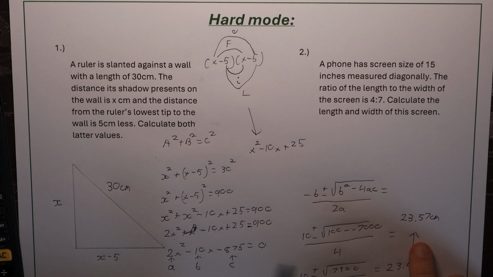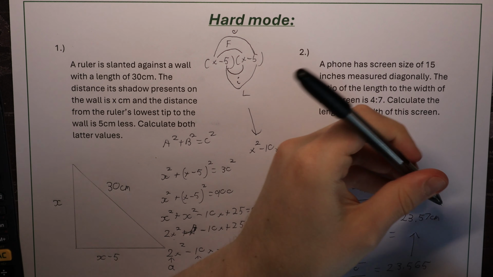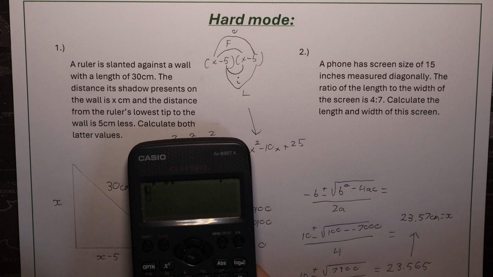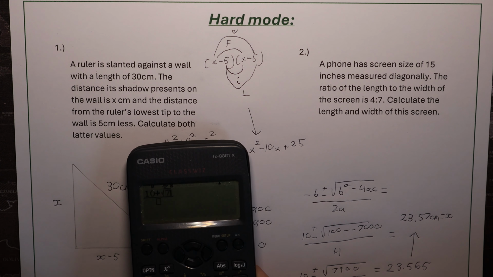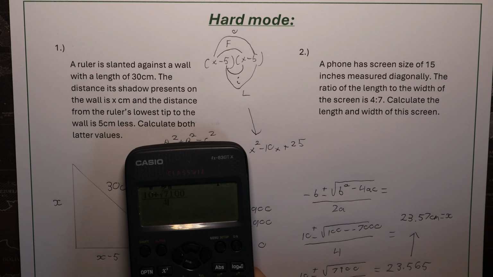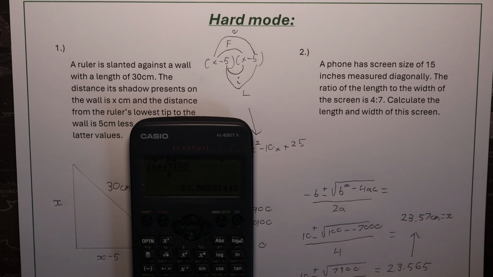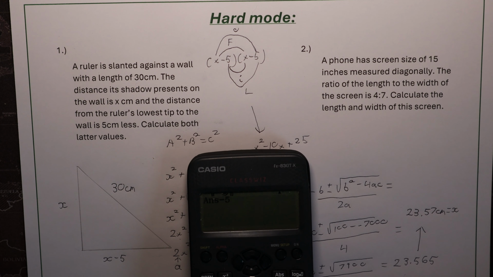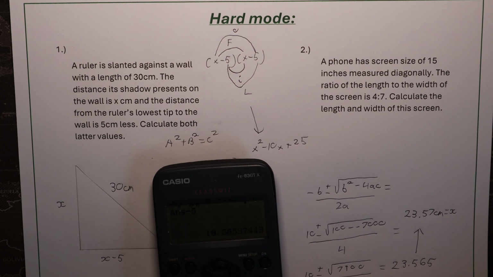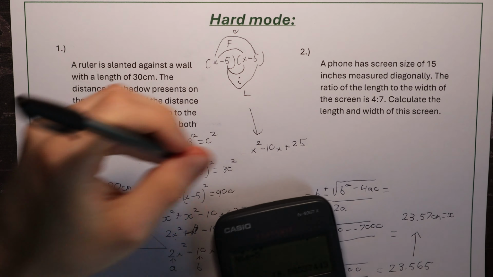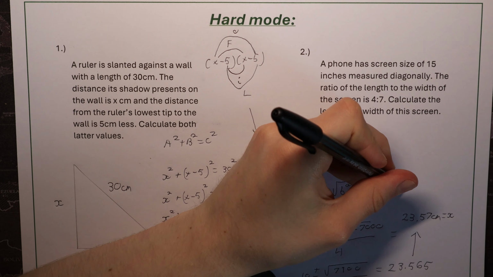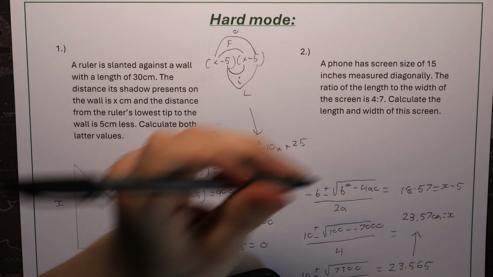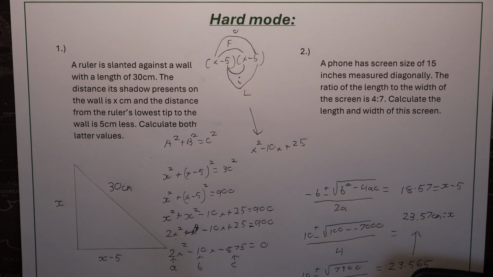Now that's our x, so we put that as equal to x, and then we put this value once more in our calculators, over 4, and we get that value once more. Now we take away 5 from this to get our base here. Therefore for x minus 5, we get 18.57 once more, which equals x minus 5. So that is our answer for question 1.